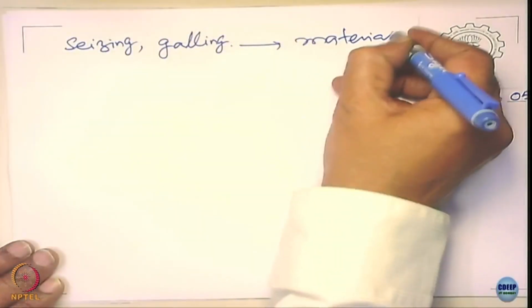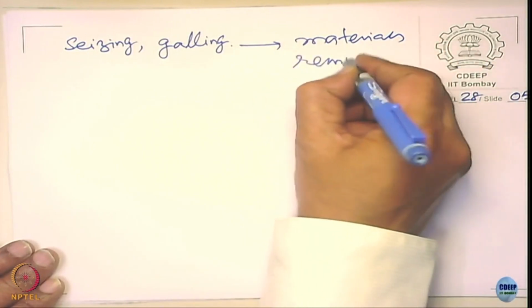So the galling comes when we have softer material, when they stick, and then when they move further and you apply the load, it just comes off. Okay. So the fretting damage leads to seizing as well as galling, and then finally what happens? They are all related to material removal from the surface.